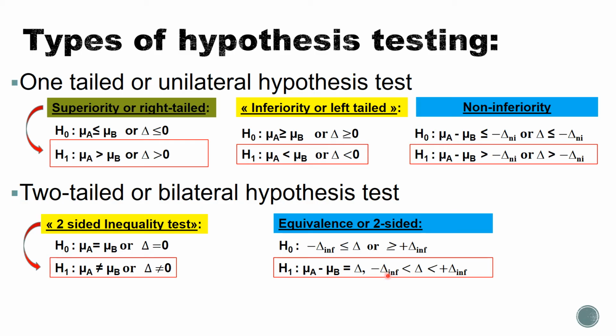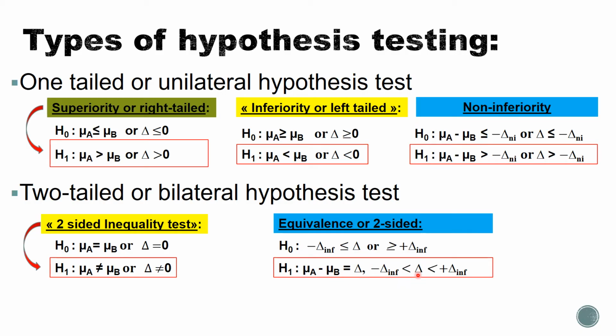In other words, the difference should be greater than a particular negative margin, let's say the non-inferiority or equivalence margin, like for instance -5. We've agreed that even if A is less, that's the difference, the actual difference between the existing treatment, which is B, and the new treatment, which is A. Or you could invert it as you like.